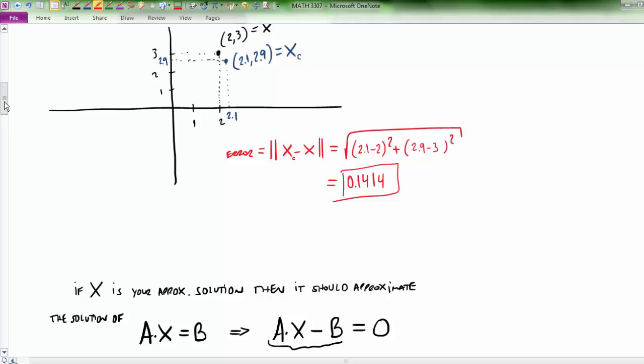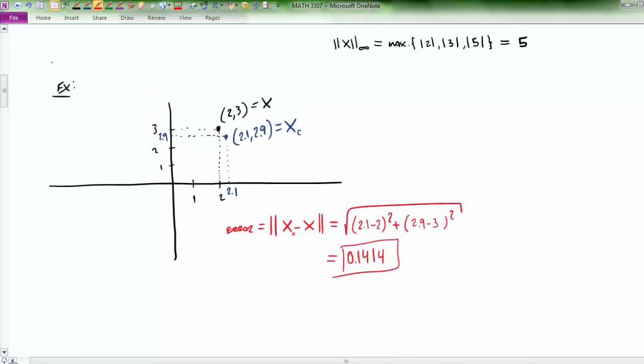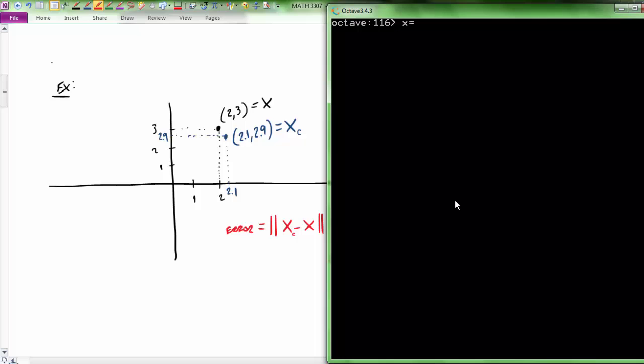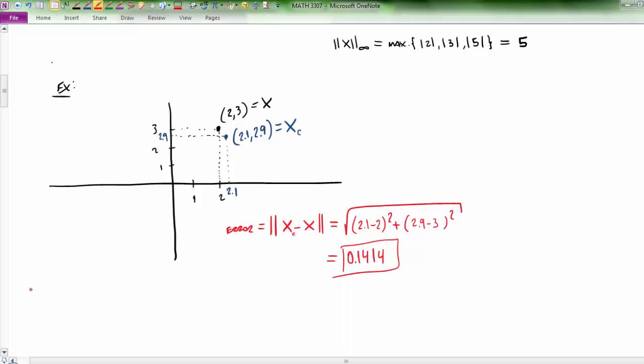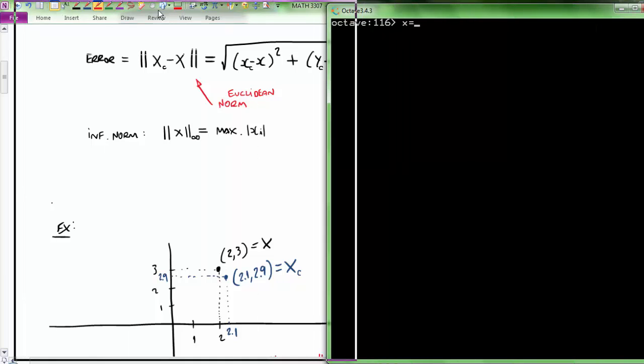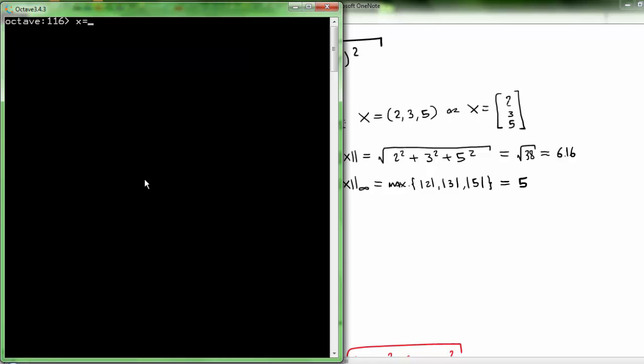Now let's relate that to systems, but before I relate that to systems, let me show how that works in Octave. So if I have a vector, let me go back here and use this example right here. If x is 2, 3, and 5. I'm putting in this semicolon here, so I want the vector to look like a column matrix.